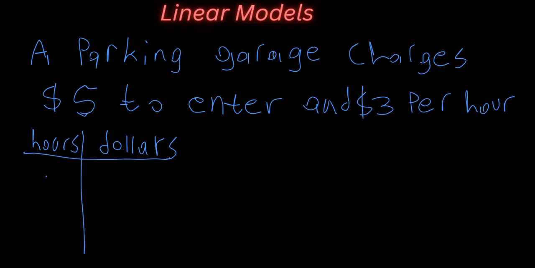And let's start at 0 hours. Let's say you've entered the parking garage and you're at 0 hours. This would be your y-intercept. How many dollars will this cost you? It would be $5. You paid $5 to get in there.